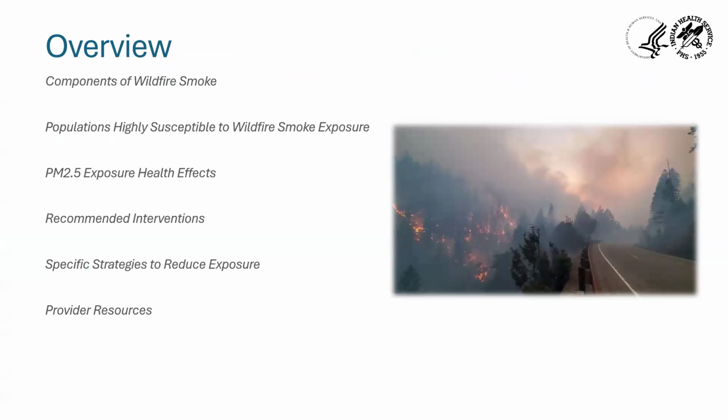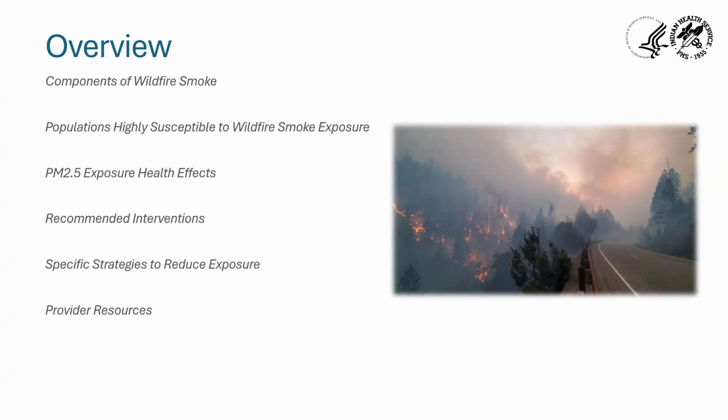Just a quick overview of what we're going to talk about today. First, we're going to cover the different components of wildfire smoke, and what makes it so harmful. Next, we're going to talk about populations that are highly susceptible to wildfire smoke exposure. We're going to then dive into particulate matter 2.5 exposure health effects.